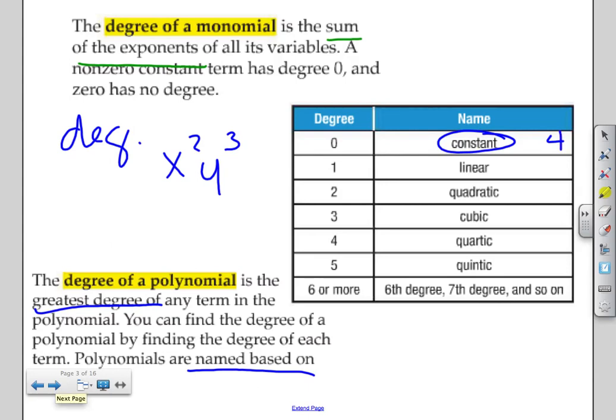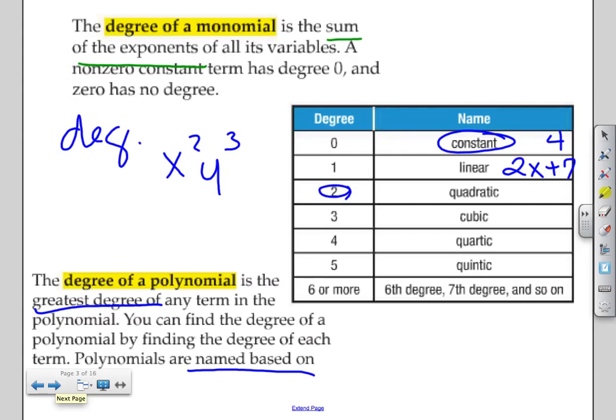The degree of 1 is called a linear polynomial, because say we have 2x plus 7. The greatest degree is 1. So it's called linear. Quadratic, it has 2. The greatest degree is 2.